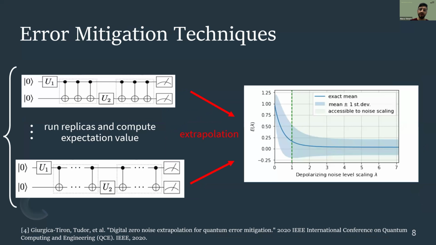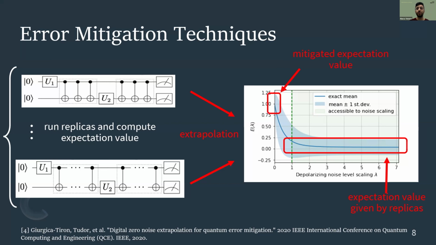As you can notice, here we have the expectation values as the length of the circuit increases, and so as the noise intensity increases as well. In this way, we can extrapolate what happens when zero noise is applied to the circuit. This extrapolation will produce the mitigated expectation value, which will be the correct output of the quantum circuit.